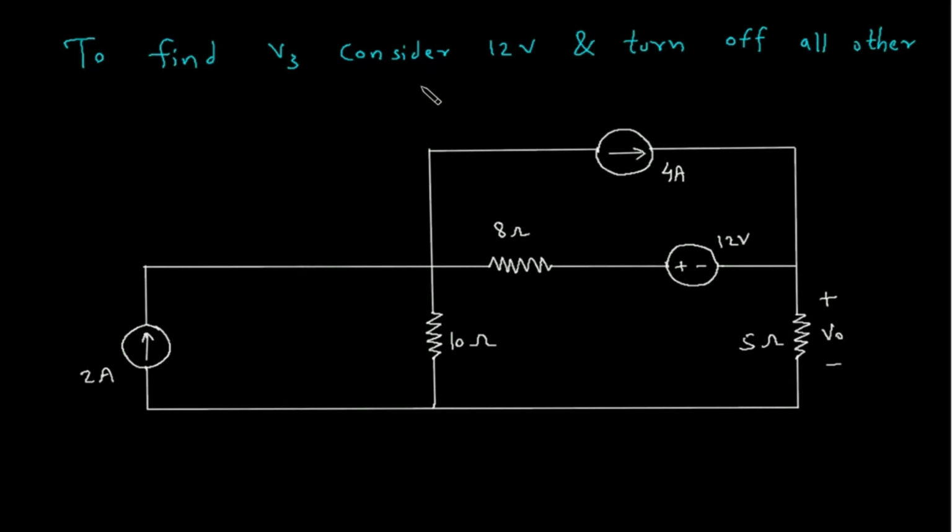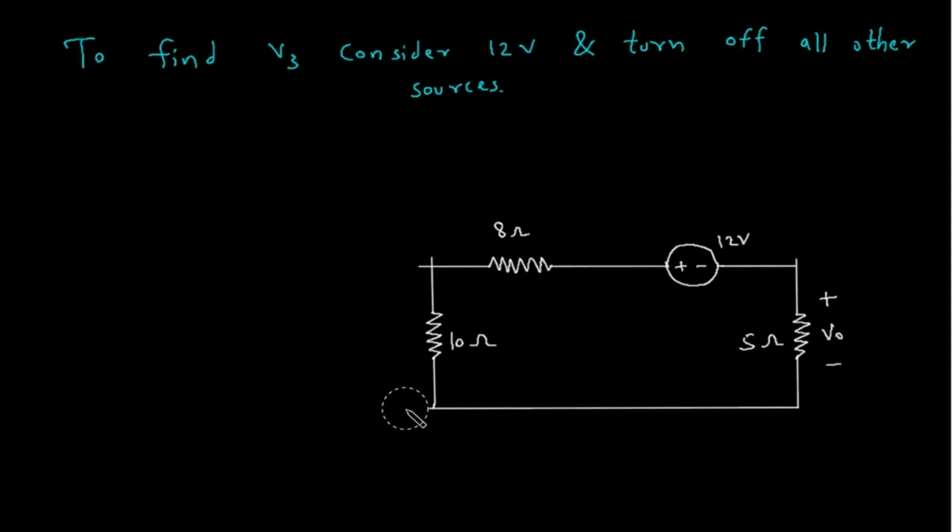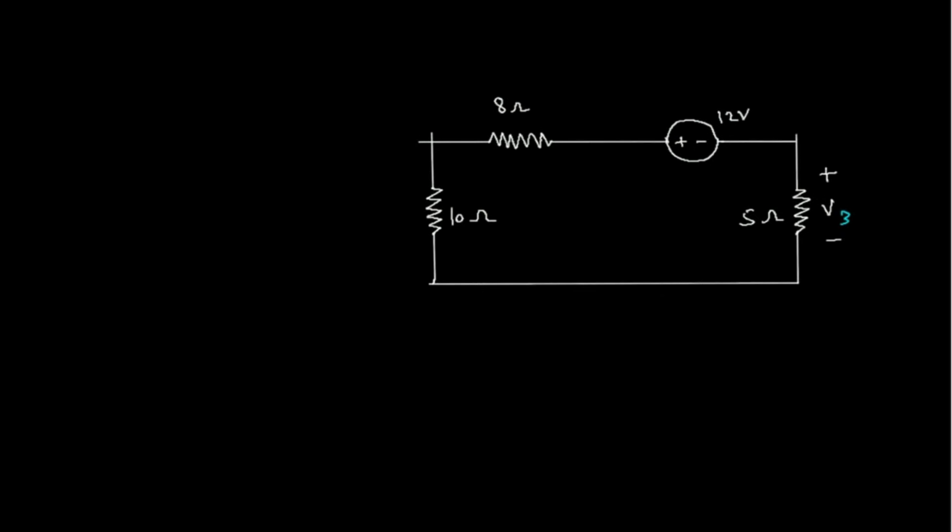Now when we turn off this current source, this will be open circuited. Also this will be V3 because we are finding V3, voltage due to this 12 volt voltage source.